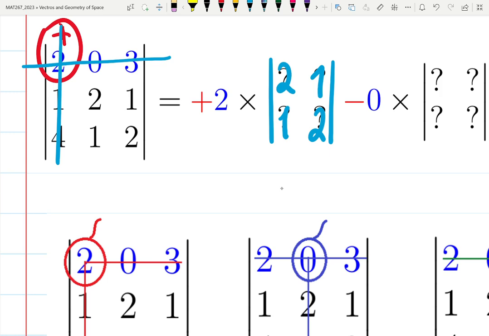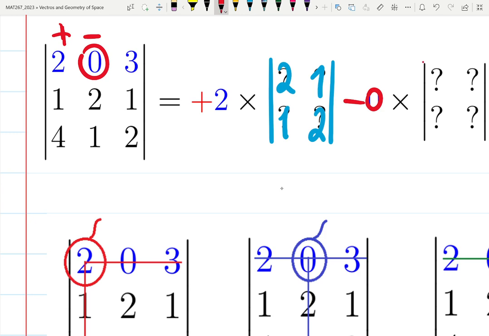Now, minus, remember that the second one is minus, so I'm erasing everything. That's why it's nice to use a pencil. I have to visualize it because here I can erase quickly, but in your pencil notes on paper you cannot. So I'm using 0, so minus 0 multiplied by a new determinant.